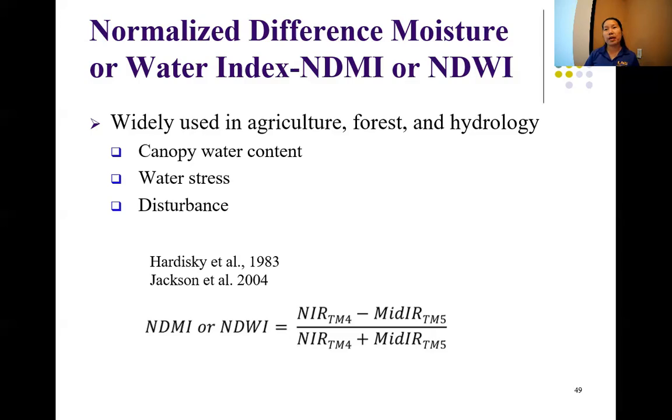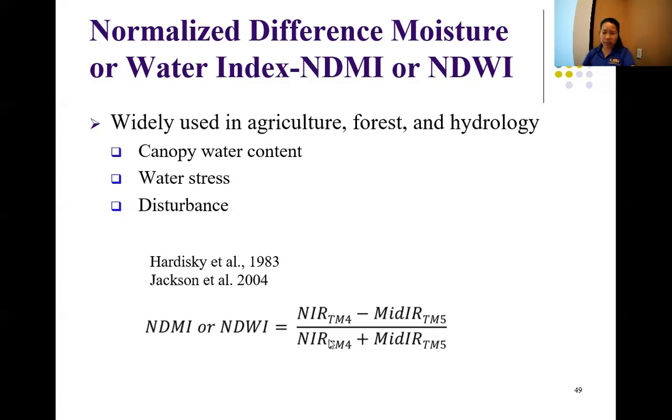For example, if you have drought distress, you can use this to indicate that. And also to study water stress, especially for precision agriculture measurement, or in arid environments that lack water resources. And also to measure disturbances, because when a hurricane or some other event happens, it can damage the health of vegetation, and that can be measured from this type of index.